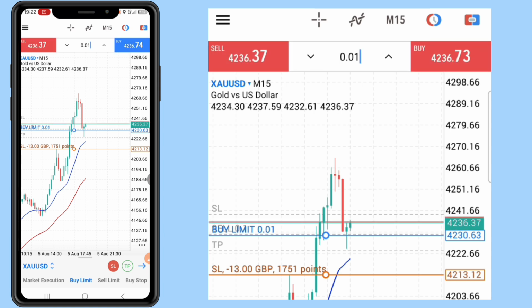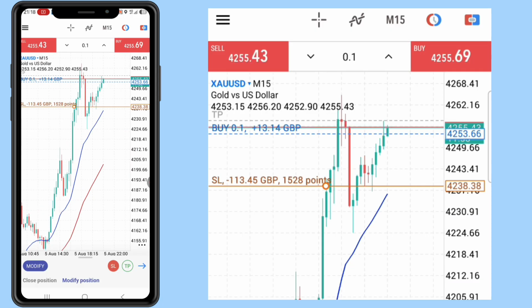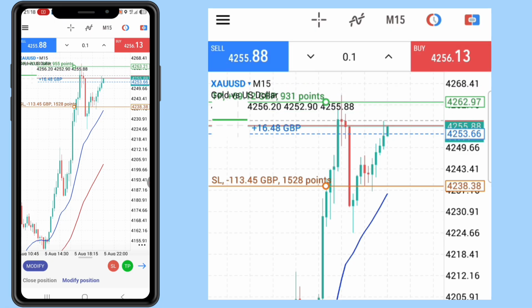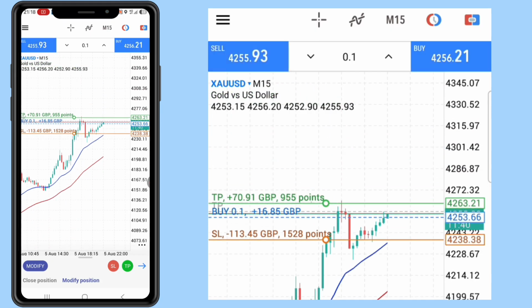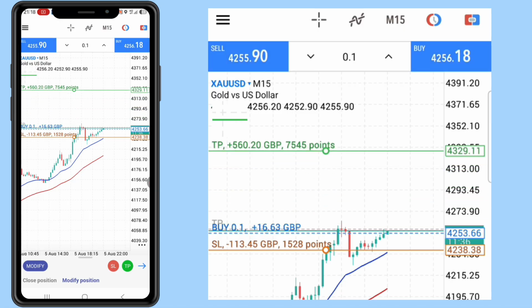And now let's talk about the take profit. Okay, how do we determine the take profit? I'm going to click right here on take profit. Okay, and then you drag this right here, so you decide how much. Let me try to reduce this like this. It will be showing you how much your take profit is.